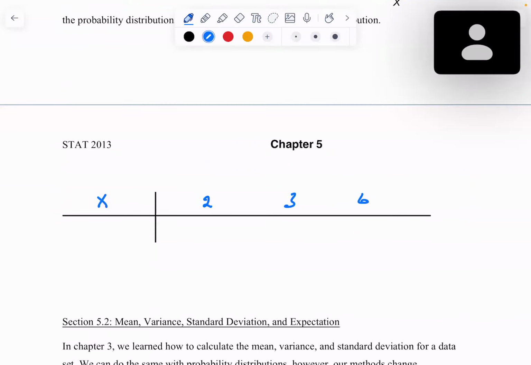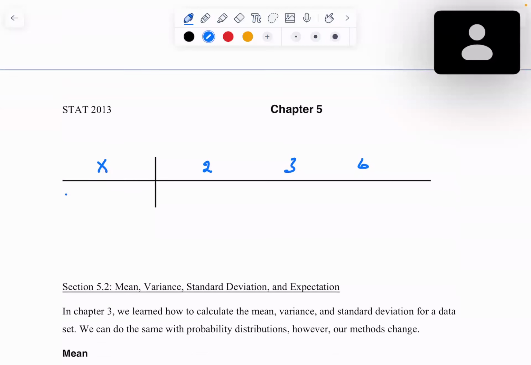Now the probability for each of these, remember the probability of x is defined by 1 over that value. So whenever x is 2, the probability of that happening is what? Anyone got an idea? Yeah, half, right? Just 1 over 2. What about the probability when x is 3?